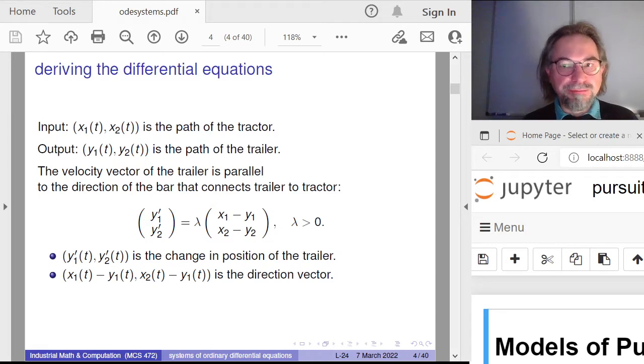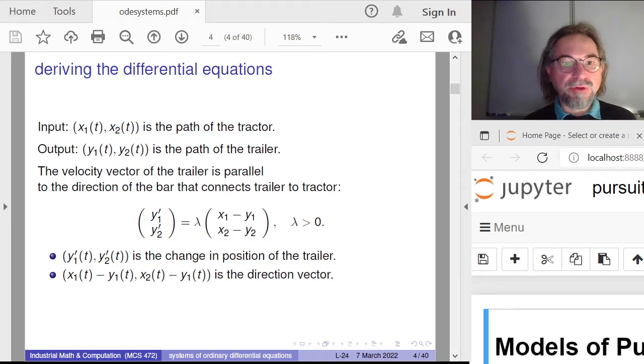So how do you compute the direction vector? Well, it's the endpoint, which is here the position of the tractor, minus the beginning point, which is here the position of the trailer. So we have x minus y for both components, that is the direction vector. The direction vector will actually determine the change in position of the trailer.